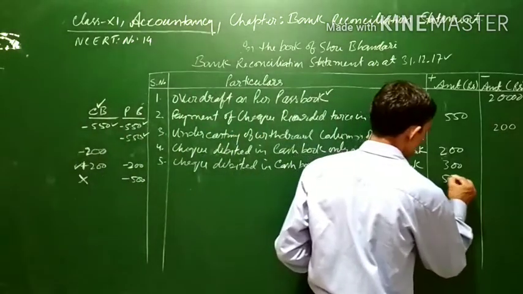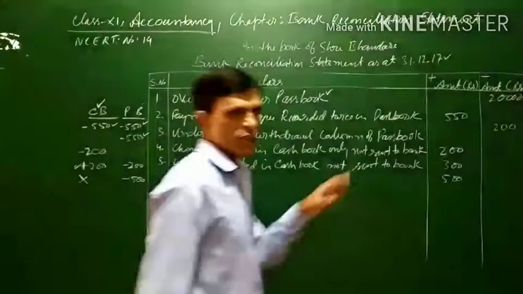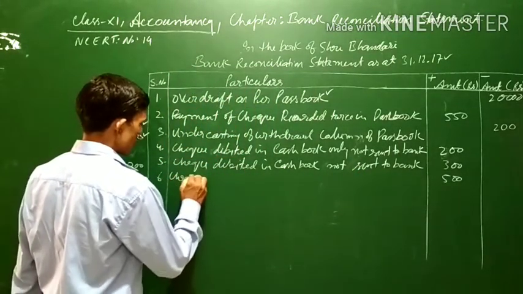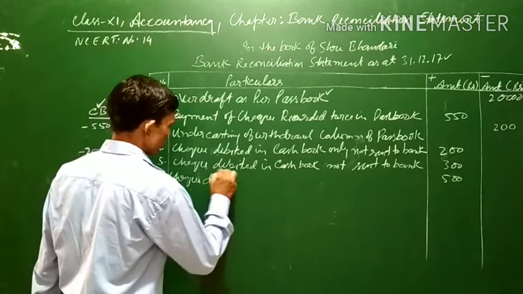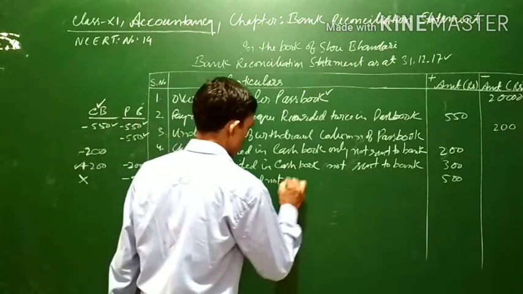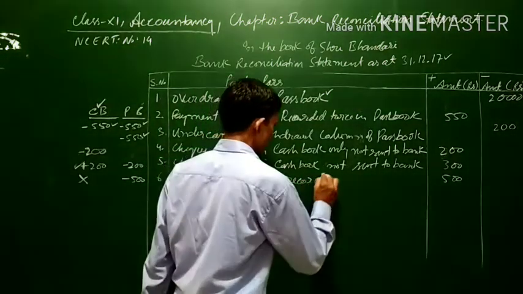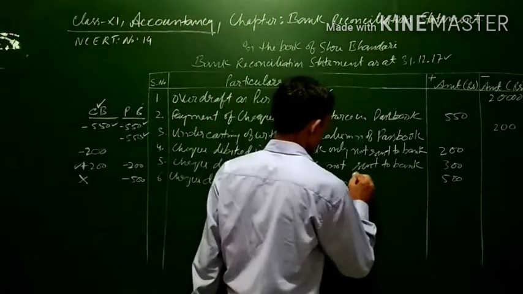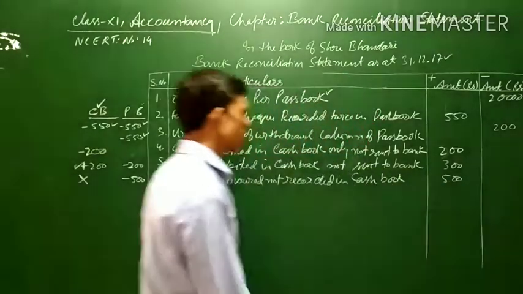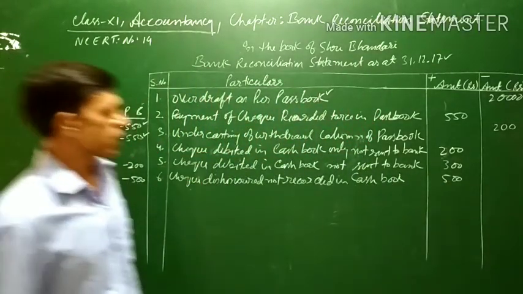So it will be written in the plus column. Check dishonored, not recorded in the cash book.